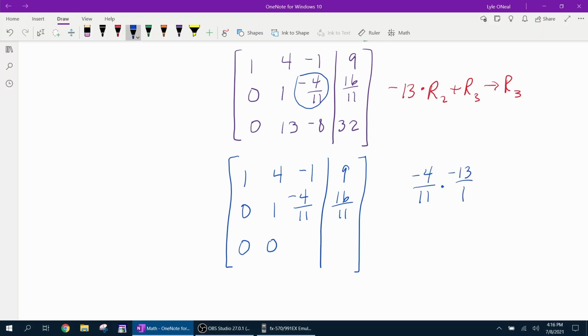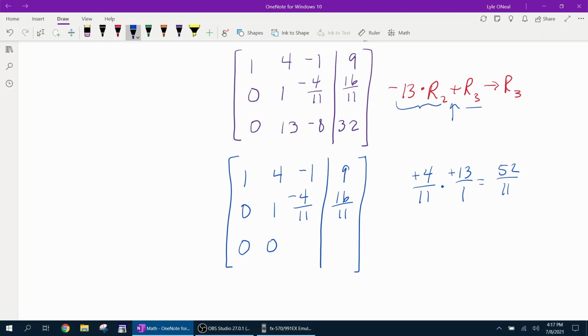Now I'm going to write that like this. -13 is a fraction. If I multiply straight across, well, negative times a negative makes a positive. 4 times 13 is 52. 11 times 1 is 11, so that's going to give me 52/11.